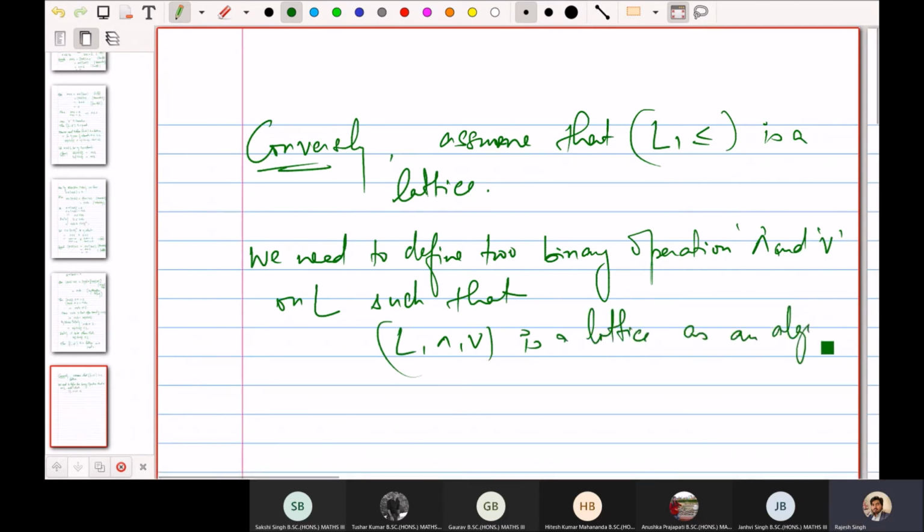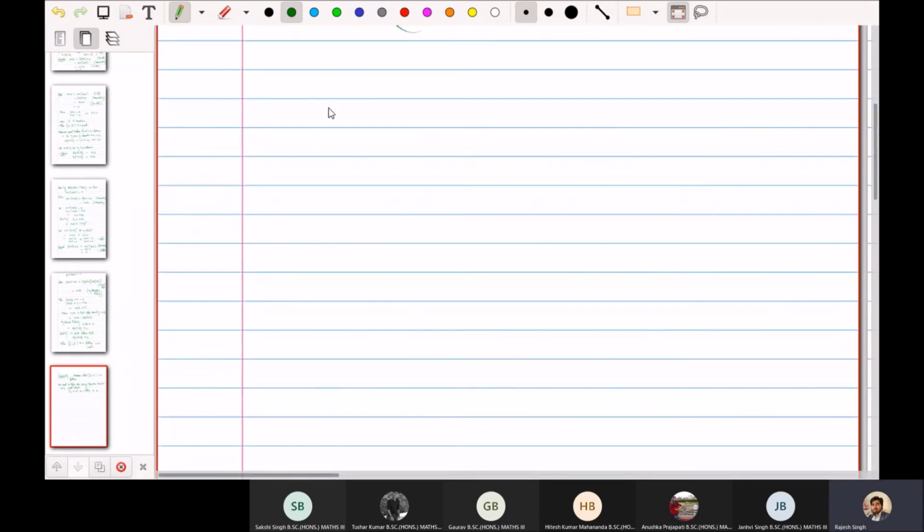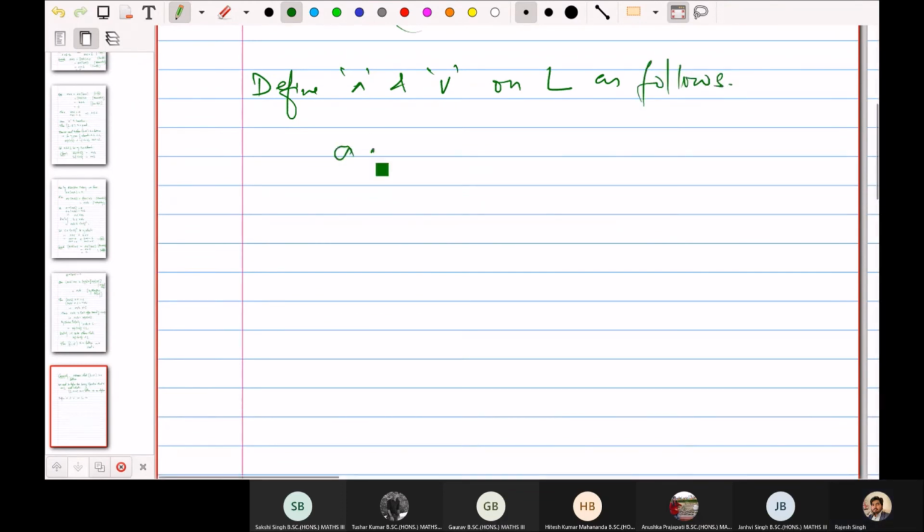So हमें ये काम करना है. We have to define these two relations. So define cap and cup on L as follows. कैसे define करोगे? A cap B को क्या define करोगे? And A cup B को क्या define करोगे? Yes, what should we take? A cap B?